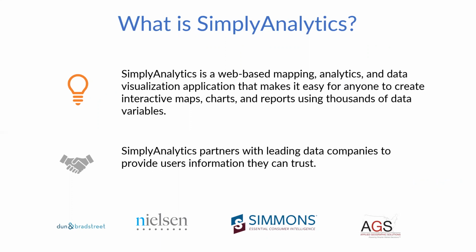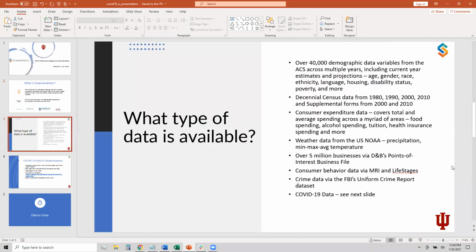So next, we'll talk a little bit about what type of data is actually available. In general, SimplyAnalytics is much more than just demographic data. But one thing to point out is you do have access to over 40,000 demographic data variables from the ACS.